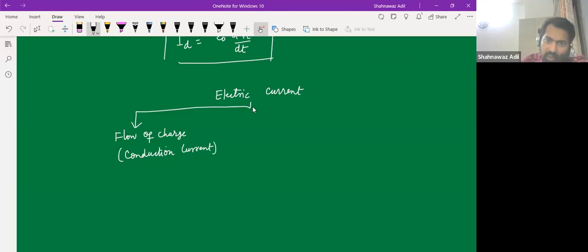The other one is due to the change in electric flux, and that we call the displacement current. So there are two types of current.